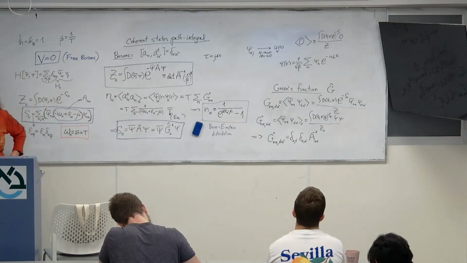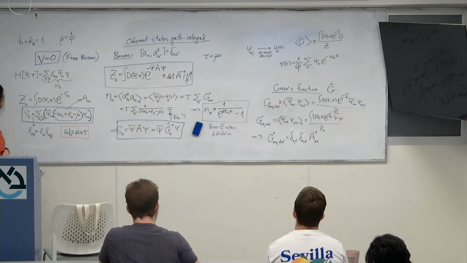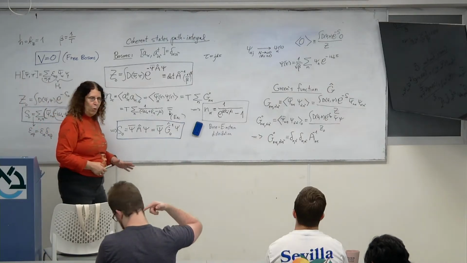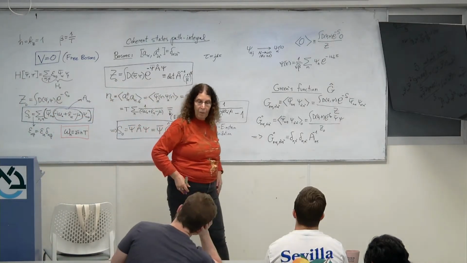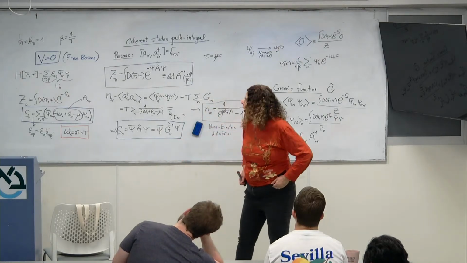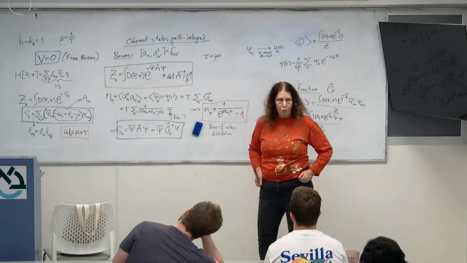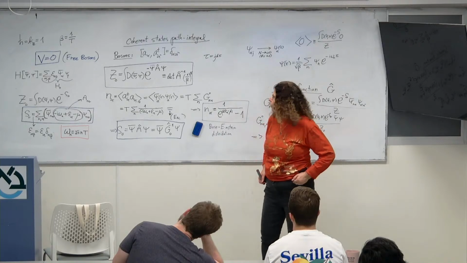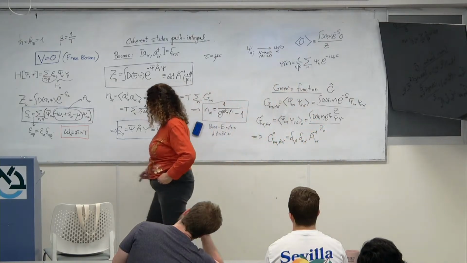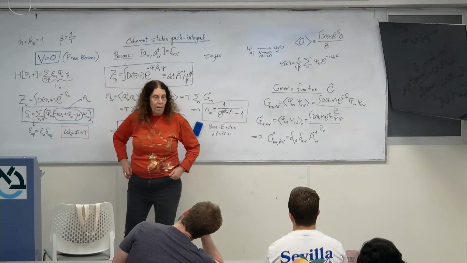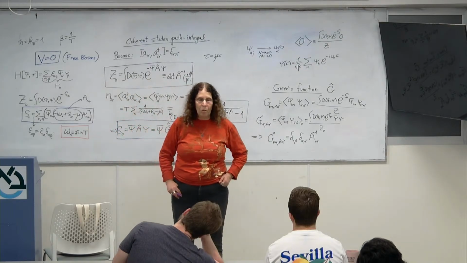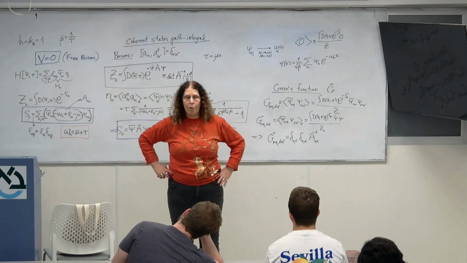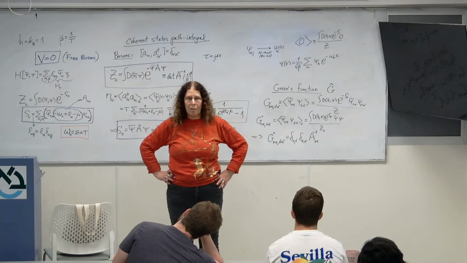Great. So the conclusion for what we've done here is, if we have a free theory, meaning a quadratic Hamiltonian, and therefore a quadratic form of the action, we can exactly solve for any physical quantities we want.